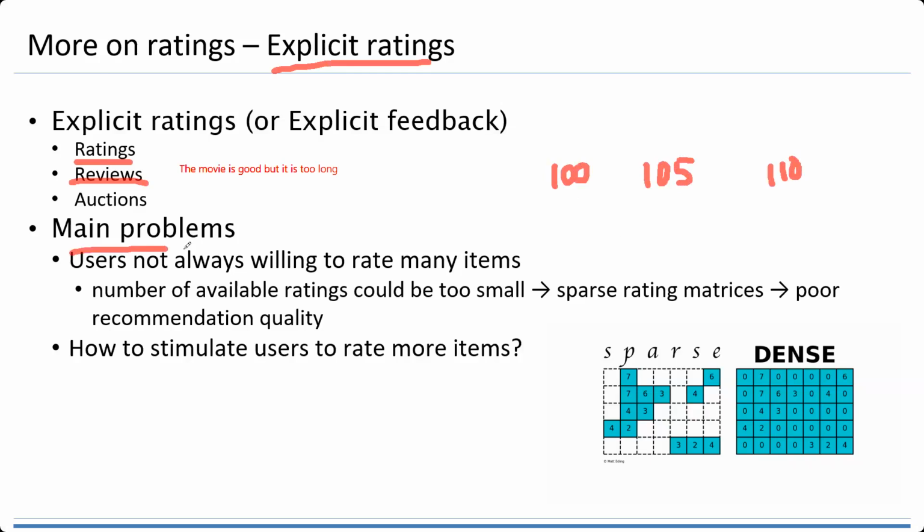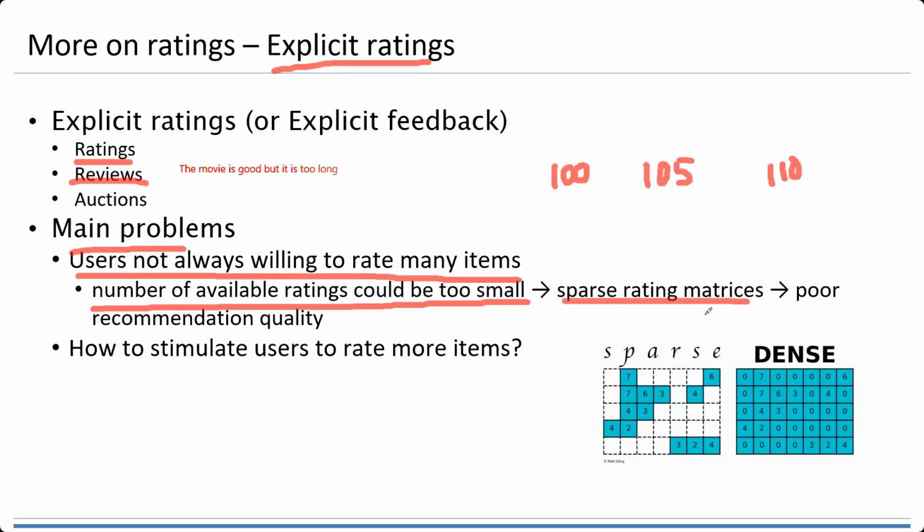Yeah, the main problem: users are not always willing to rate many items. They just want to put one rating, finish. And the number of available ratings could be too small. We call this a sparse rating matrix.